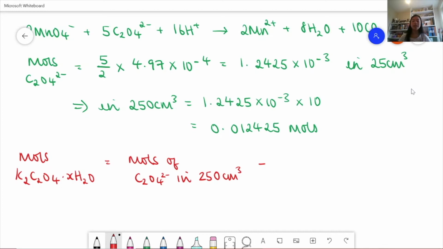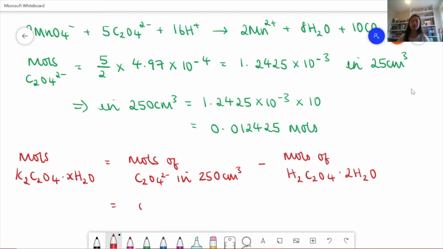And we have to minus the moles of the ethane dioic acid that we found before. And that's why we needed that sodium hydroxide, because it only reacted with the ethane dioic acid. So now we can use it to find the moles of potassium ethane dioate.